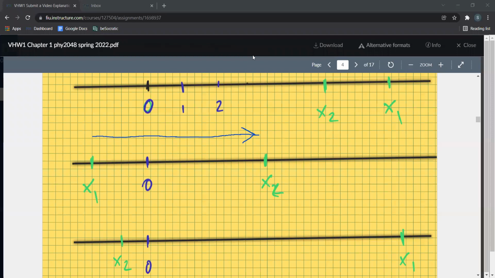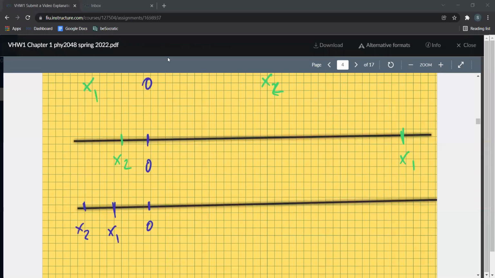I'm going to use vanishing pen because I will be going really fast. So we know that for this answer, we are going to the right because this is x1, this is x2. I'm not using vanishing pen, forgive me. Yeah, so over here, going that way.